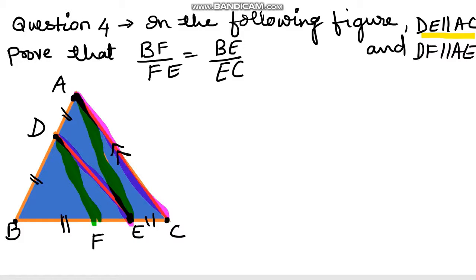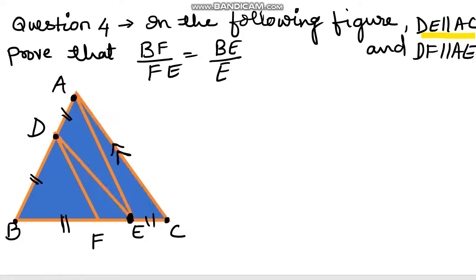This is given. Now what you have to prove is BF by FE equal to BE by EC. Now first of all, let us take triangle ABC.